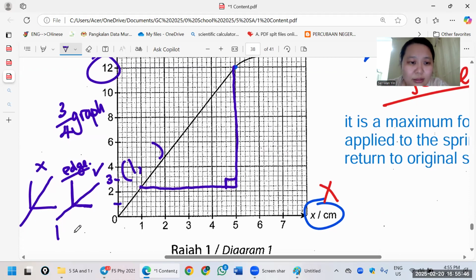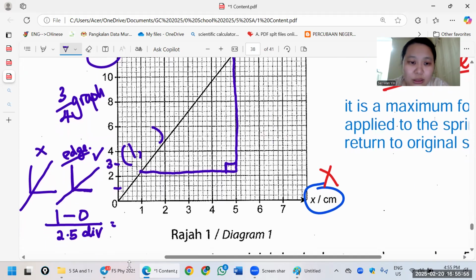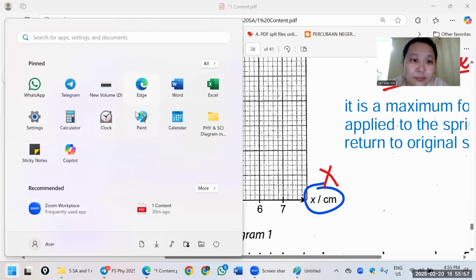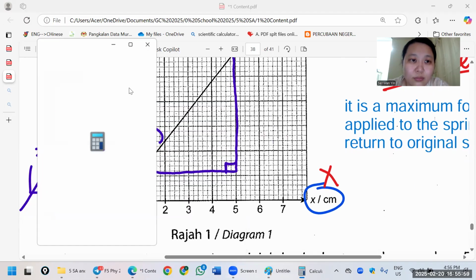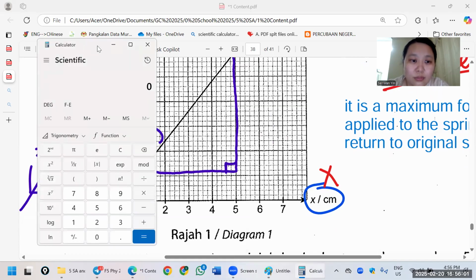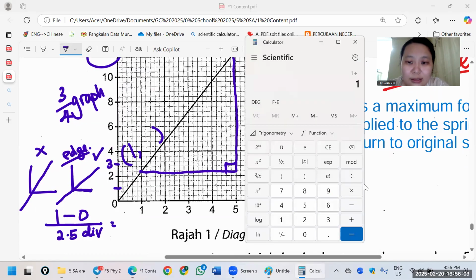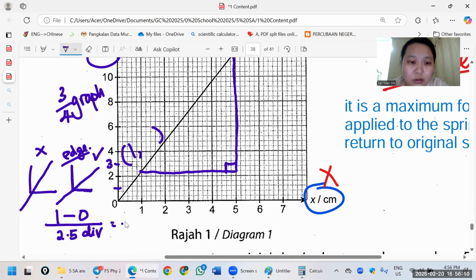This is 1 minus 0 divided by here got 2.5 divisions. So I will get 1 divided by 2.5, so it's 0.4.